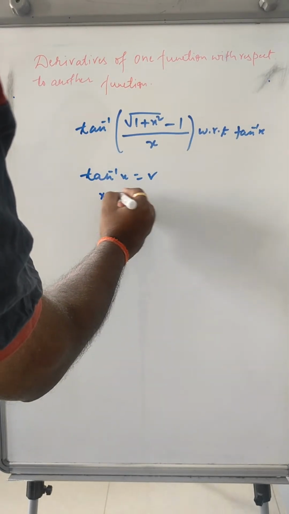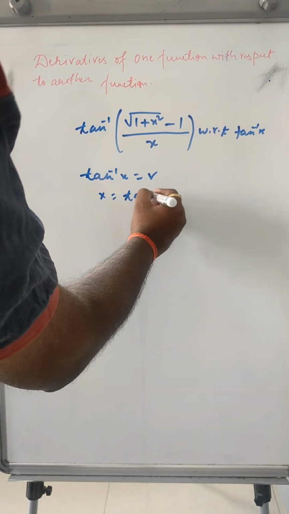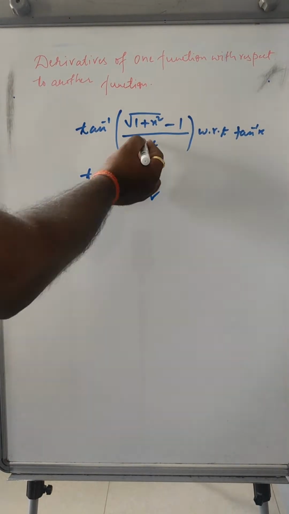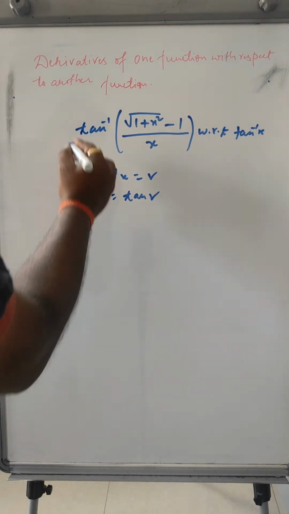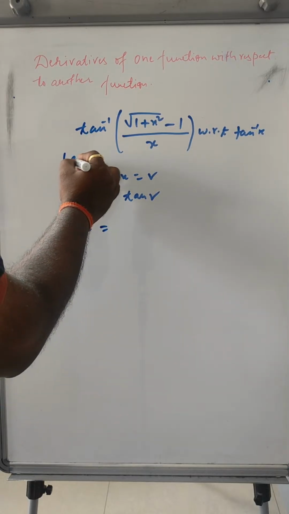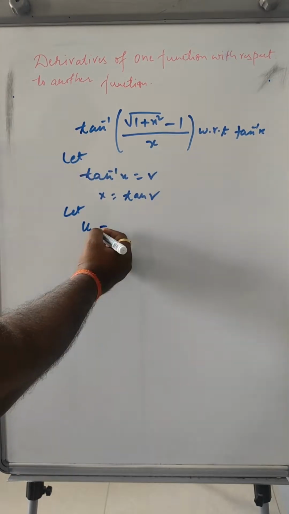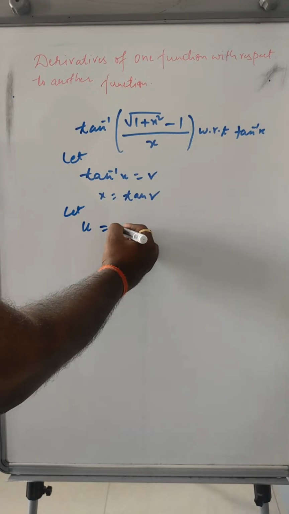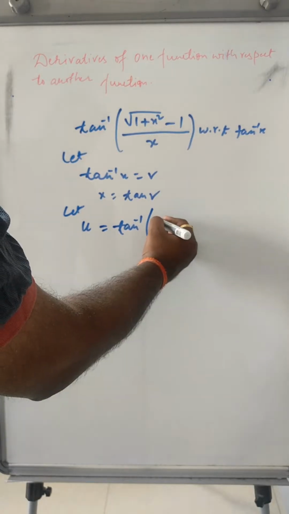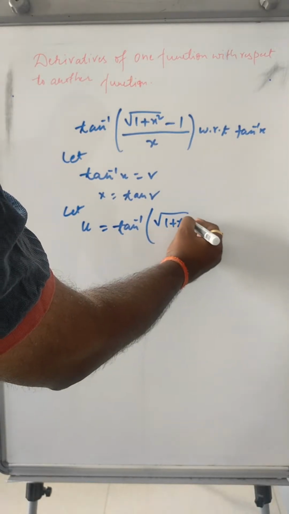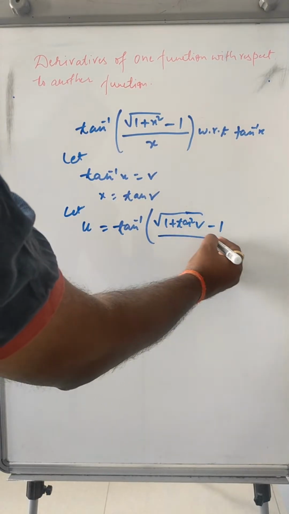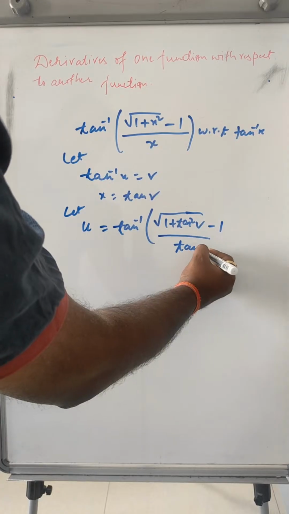Then x is equal to tan v, correct? Now we'll let this u is equal to tan inverse of under root 1 plus x square minus 1 over x. So now this u is equal to what? Tan inverse of under root 1 plus tan square v, correct, minus 1, and here tan v. Am I right?